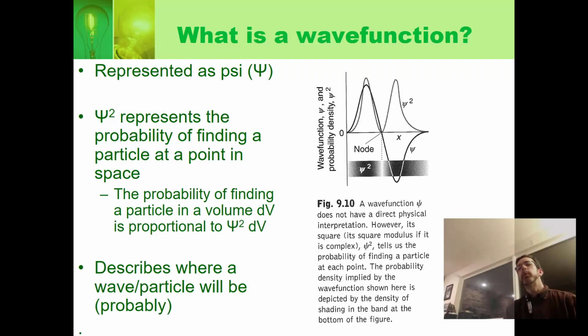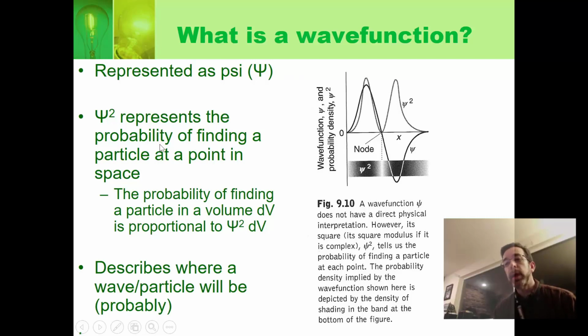So, what is a wave function in one dimension? They give it the symbol psi, and here's an example from your book. You don't have to read this chapter, but it's there in your physical chemistry book. It's chapter 9. So they call it psi, and the position of the electron will be gotten by taking psi squared.